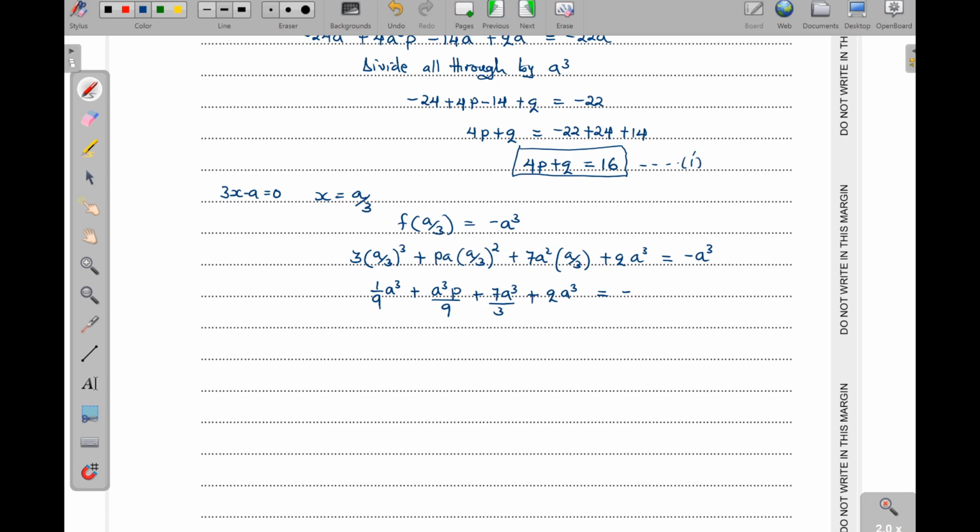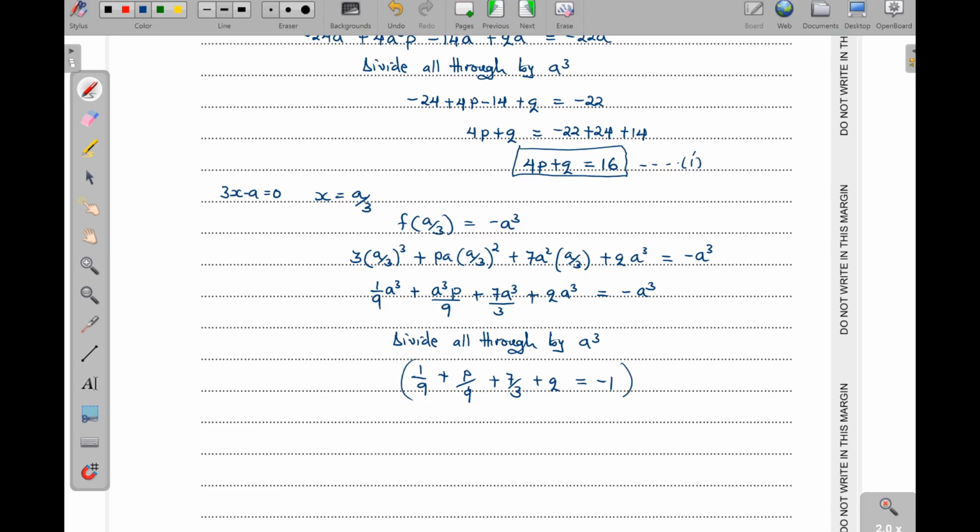Negative a cubed. Again, we shall divide all through by what? A cubed. Okay, so when we do so, then we are going to have 1 over 9 plus p over 9, then plus 7 over 3 plus q, then shall be equal to negative 1.